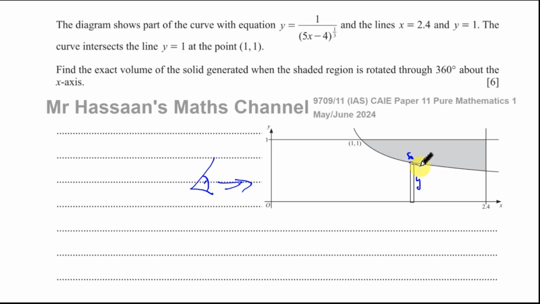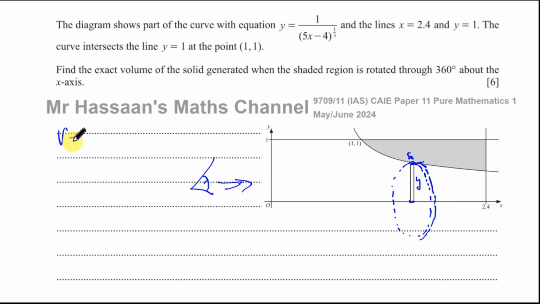You'll see a thin little cylinder forming, which has a thickness of dx, and it has a radius of y.